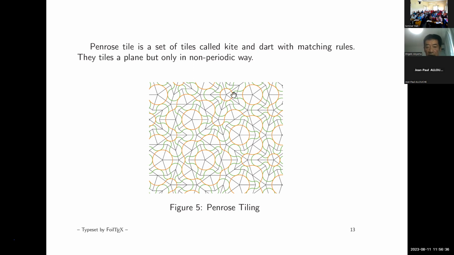The tile itself is just a polygon, and I'm writing some circular marking. The matching rule means that the marking must continue across the edge. With these matching rules, the Penrose tiling is very famous and tiles the plane, but only in a non-periodic way. Probably you have heard of it.